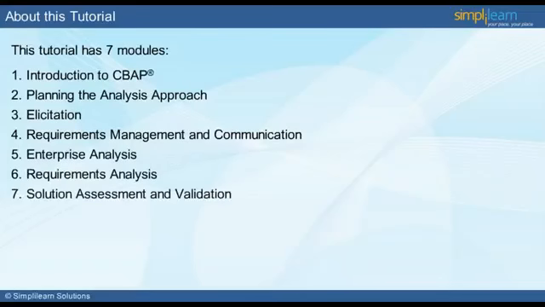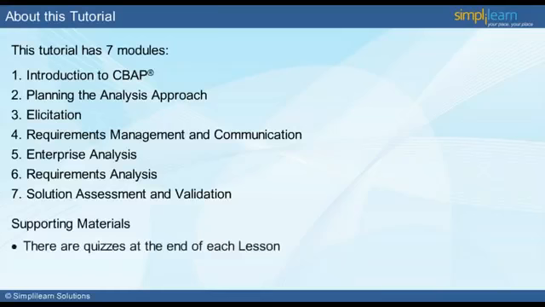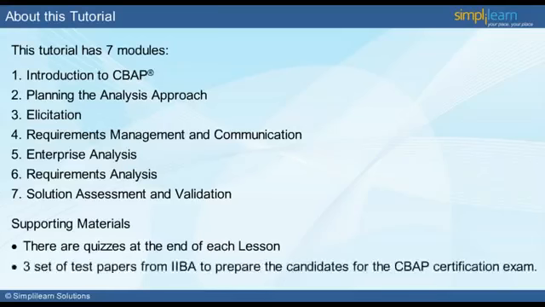Finally, we will look into solution assessment and validation. To help the professionals grasp the concepts, quizzes are provided at the end of each module. Additionally, there are 3 sets of test papers from IIBA which will help the candidate in preparing for the certification exam. Let us find out the prerequisites of the exam in the next slide.